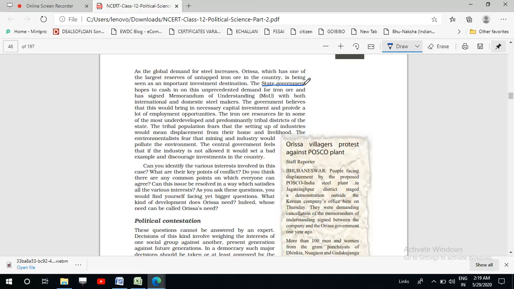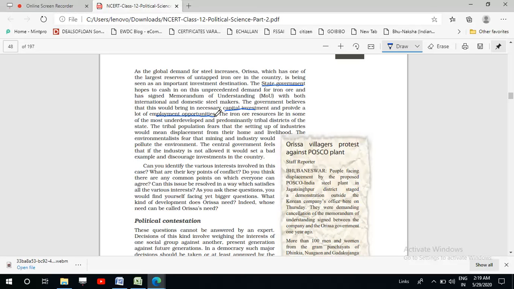The state government is there, which has signed the MOU with the Korean company, and the state government has signed because it is of the opinion that it will bring capital investment and it will also provide employment opportunities. Any country can become economically developed only by capital investment and employment opportunity. So we can say that the state government is thinking in the right direction.